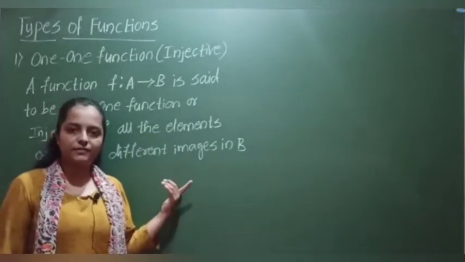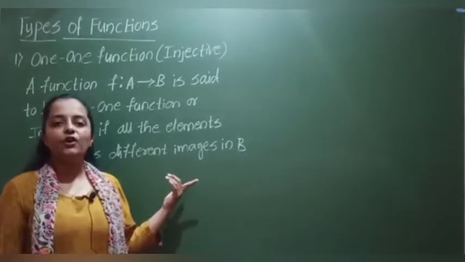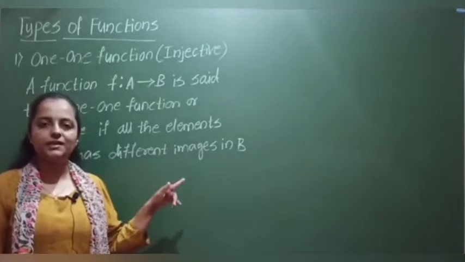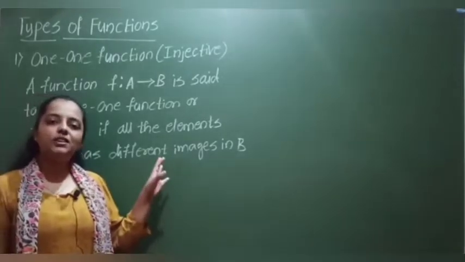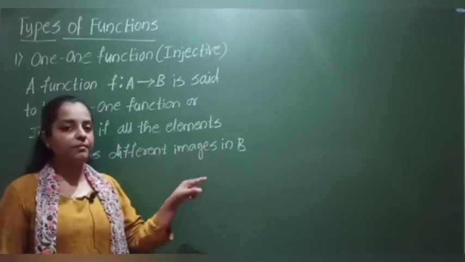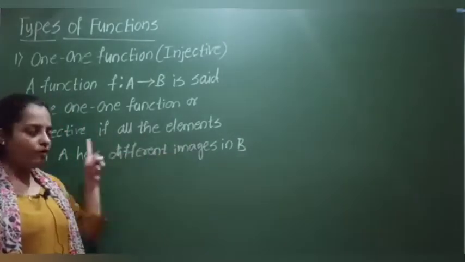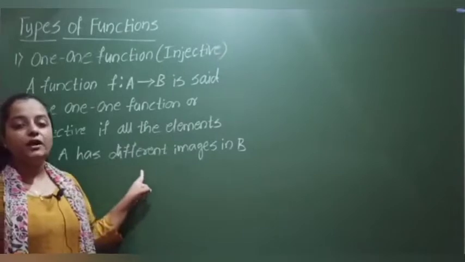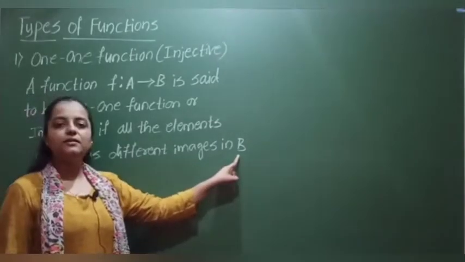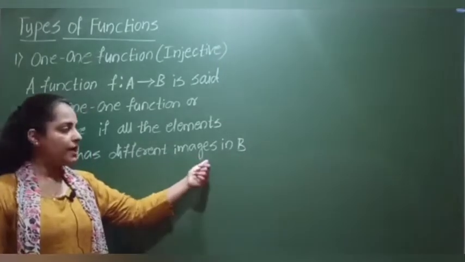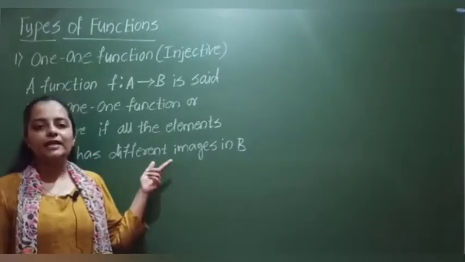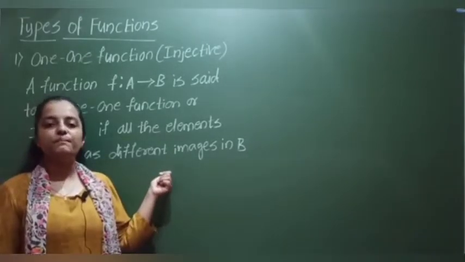All the elements of the set A have one and only one image in the set B. So in that case different elements can have the same image in set B. But here all the elements of set A should have different images in set B.